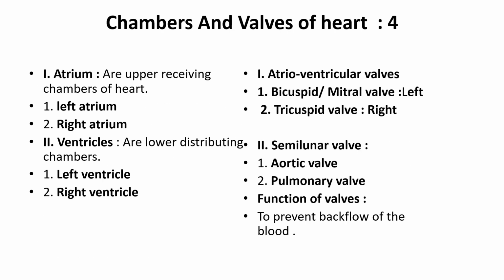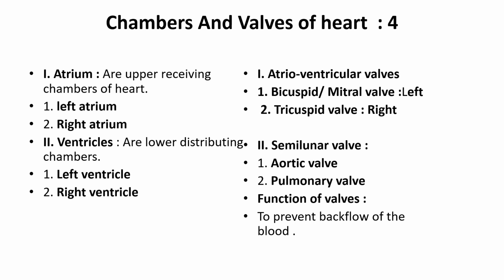Chambers and valves of the heart. The chambers are four in number: two atria, the left atrium and right atrium, and two ventricles, the left ventricle and right ventricle. The valves are four, of two main types: atrioventricular valves and semilunar valves. The atrioventricular valve on the left side, between the left ventricle and left atrium, is bicuspid, having two cusps, and is also called the mitral valve.